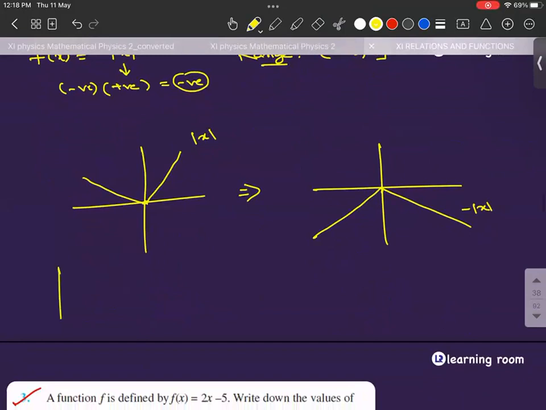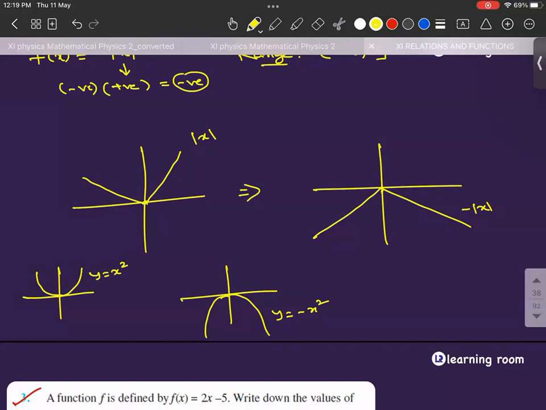This is the graph for y is equal to x square. If I ask you to draw the graph for y is equal to minus x square, what will happen? Just draw it like this. Because the whole function x square is multiplied with a minus sign, it will get inverted with respect to the x-axis in the downward direction. Am I clear with what I'm explaining? Are you able to understand?